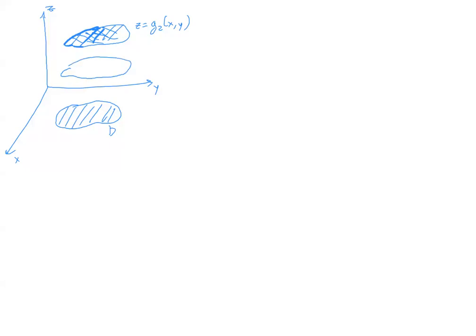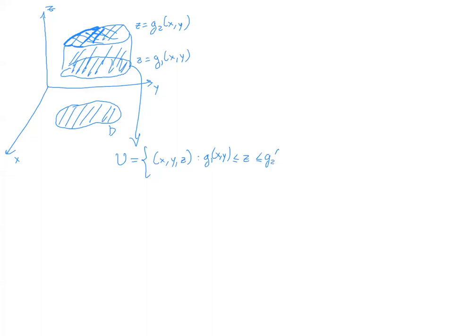Both of these are graphs of functions defined on the set D. And your domain is simply the region between them. So this is the domain U. And we can describe U as all the xyz's such that z lies between g1 of xy and g2 of xy, and xy is in D. So this is what U is.